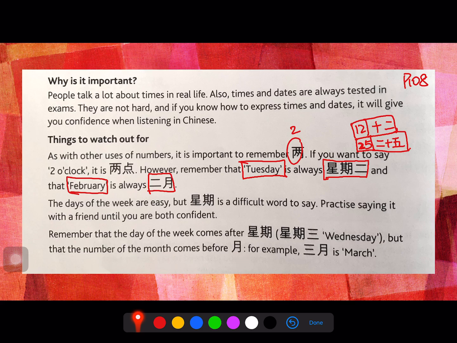I know that the concept of time is not hard to understand. However, very often we find non-native speakers get confused when they listen for numbers. This is because most of the time words are to do with numbers.